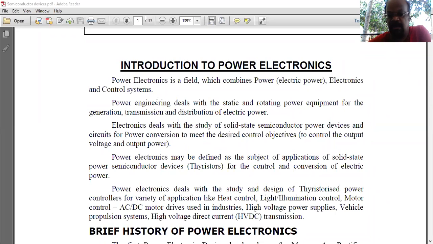But as far as power electronics is concerned, these devices are exclusively used as switching devices only. We are not expecting any amplification or modification, raising or lowering the amplitude, etc. These devices help us only as switching devices operating at different frequencies, nothing more than that.